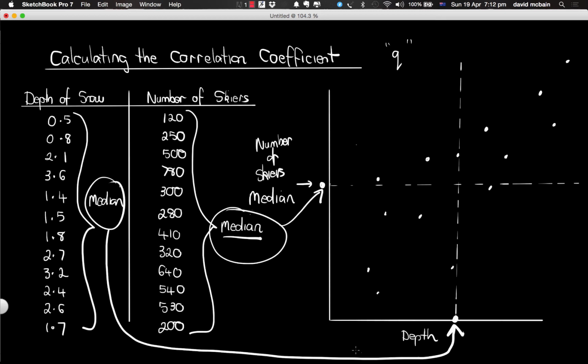And so by finding the median of the independent variable and the median of the dependent variable data, we can use those two values to determine these two lines. And so that will accurately break our data into 4 quadrants.